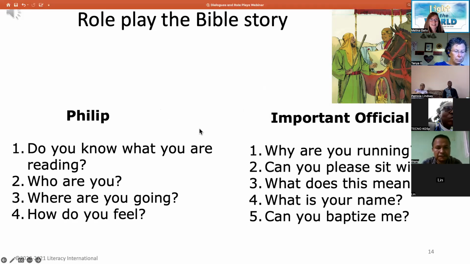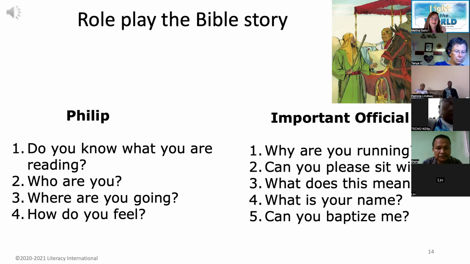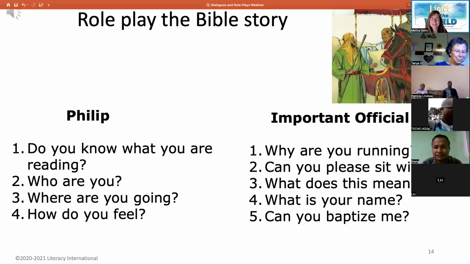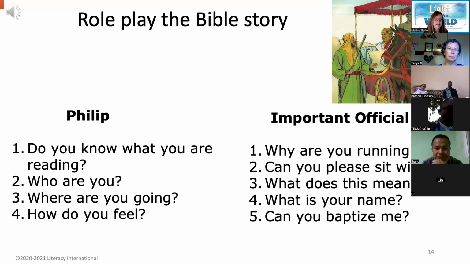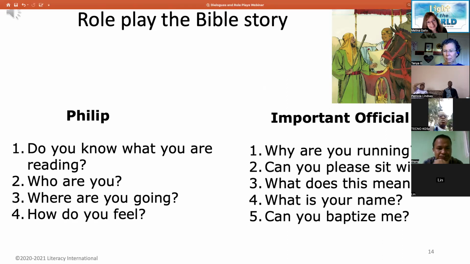So after we've read this story and we're familiar with it, we can have one person play the part of Philip and the other one play the part of the important official. And again, this is fun if you can get into it, right? So Philip's running and running, trying to catch up. And the other guy, he can have a Bible that he's looking at and reading it. And so some of the questions that Philip can ask is, do you know what you are reading?